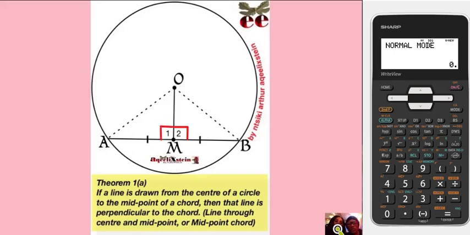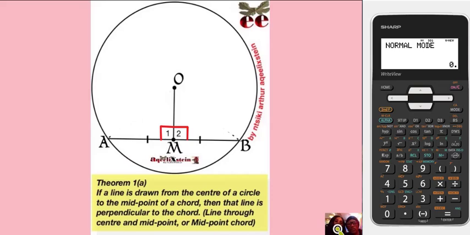Don't worry about these other dotted lines. You don't have to worry about them for now. Just forget about these ones for now. I'll tell you about those lines. A line drawn from the center of the circle to the midpoint of a chord, it bisects. No. It's perpendicular to the chord, I mean to say.